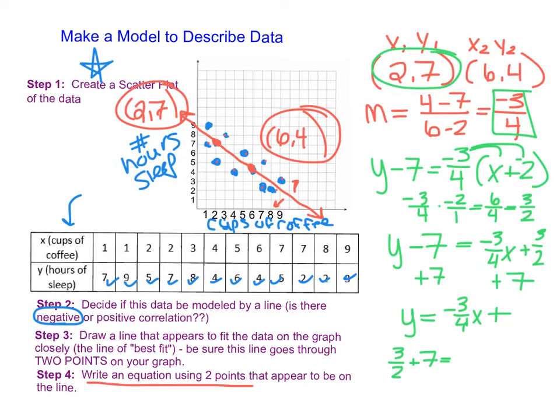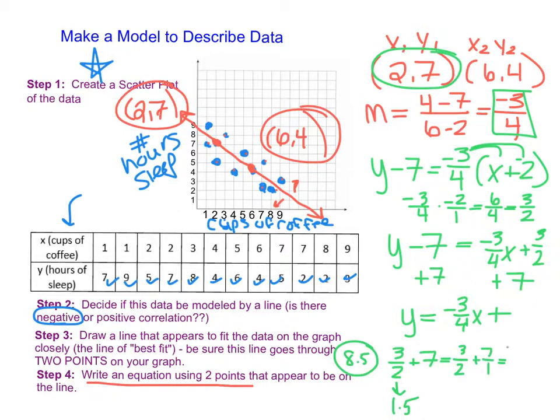There's two ways you can do this. You can either turn 3/2 into a decimal, so that would be 1.5 plus 7, which added together, you would just say plus 8.5.